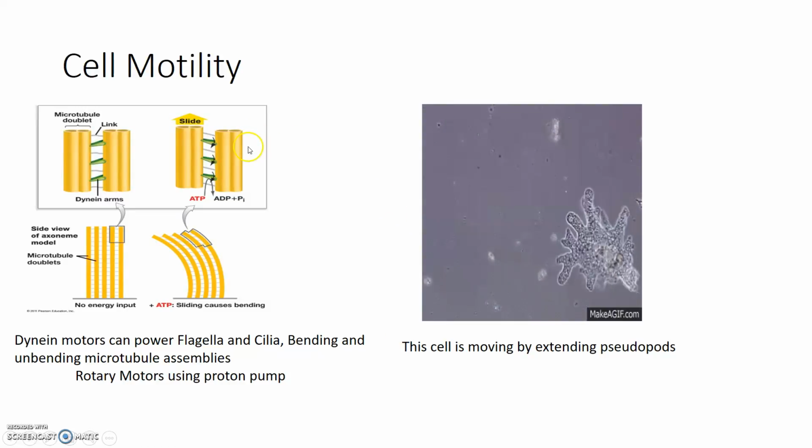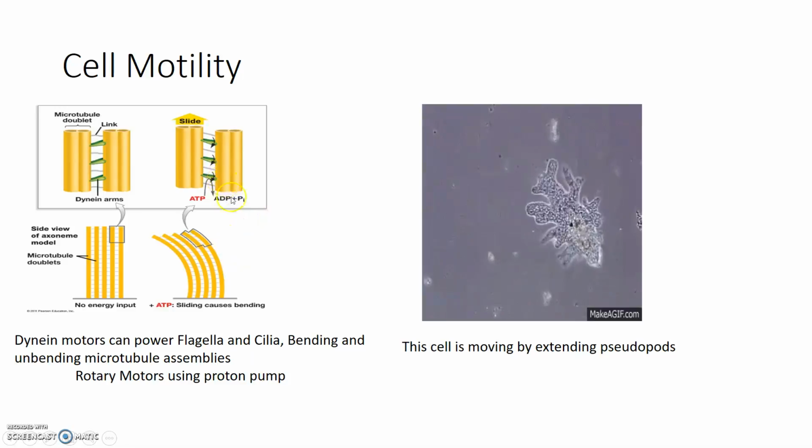Another important function that molecular motors provide for a cell is cell motility, which of course is its ability to move. On the left here we have an example of how a cell would power a flagellum or a cilium.